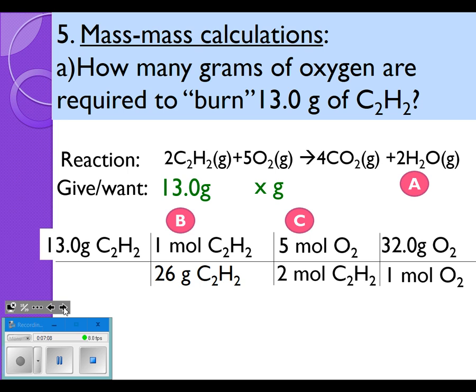And again, everything will cancel out nicely. Grams of C2H2, top and bottom, moles of C2H2, top and bottom, and moles of O2, top and bottom. So all we're left with is grams of oxygen. Multiply across the top, divide by the bottom, and you end up with 40.0 grams of O2.